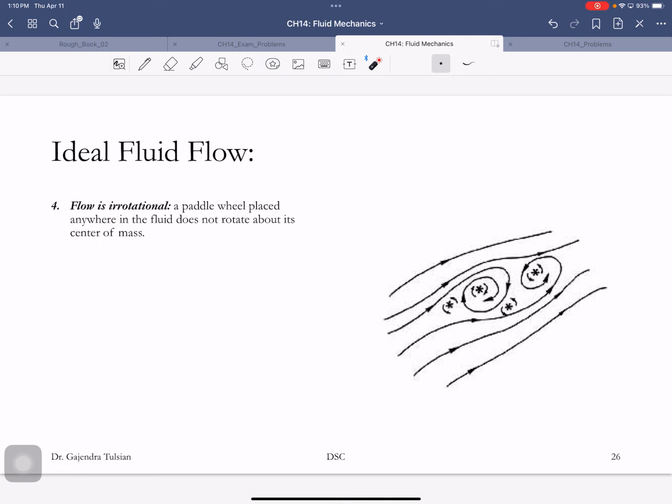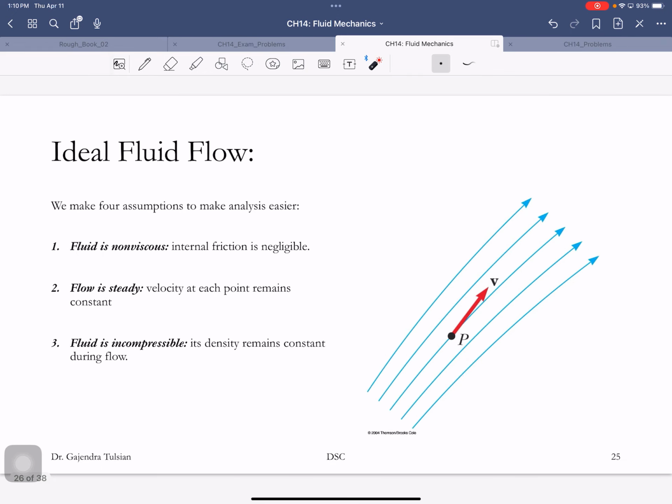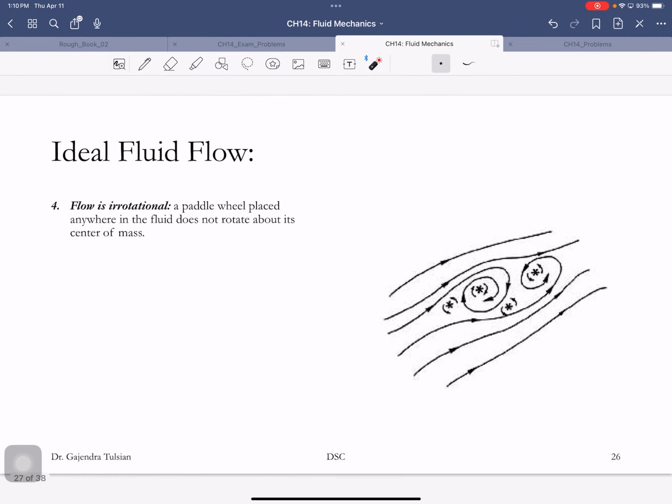Irrotational just means it doesn't have any eddies in the flow, so everything we talk about doesn't apply when eddies are present. The name comes from the following: if you put a little fan paddle in an eddy, the paddle will rotate. So irrotational means if you put a paddle here, it won't rotate. This is irrotational flow. This is not irrotational flow. Do you understand?